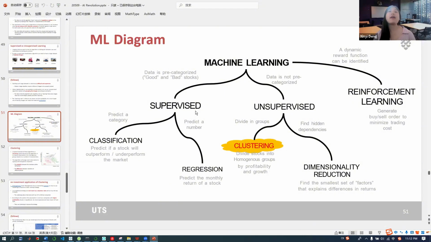Actually, let me compare and contrast supervised and unsupervised learning. For supervised and unsupervised learning, the key difference lies in the data set. For supervised learning, the data set not only has features, but also has labels.